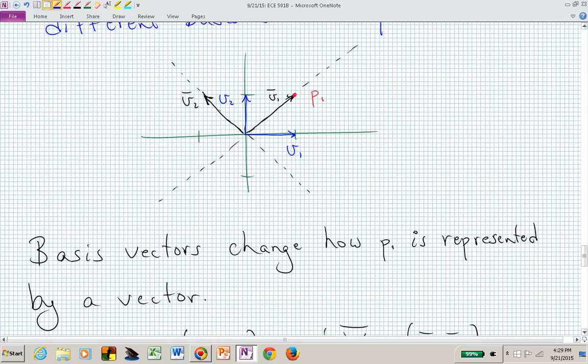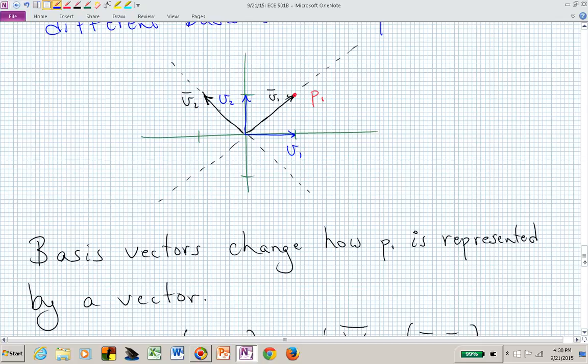But right now we need to write these in terms of coordinates in vectors. V sub 1 bar we will represent as 1, 1. And what's the length of that? That's 1 squared plus 1 squared, the Euclidean square rooted, or the square root of 2. And the angle is 45 degrees, if you wanted to think of it in polar notation.